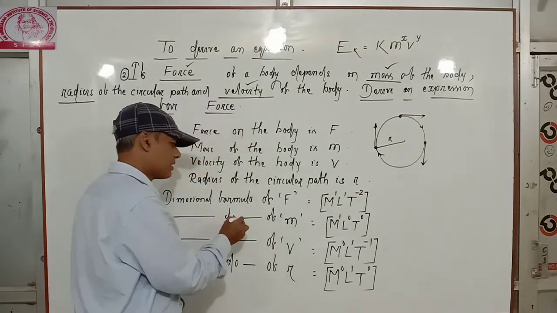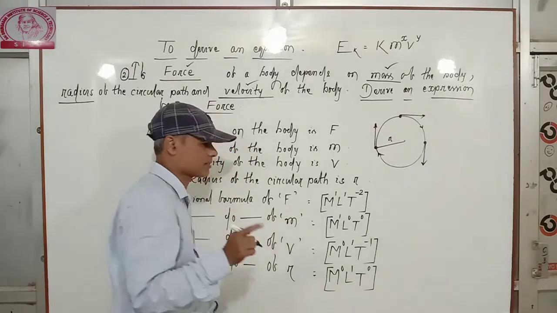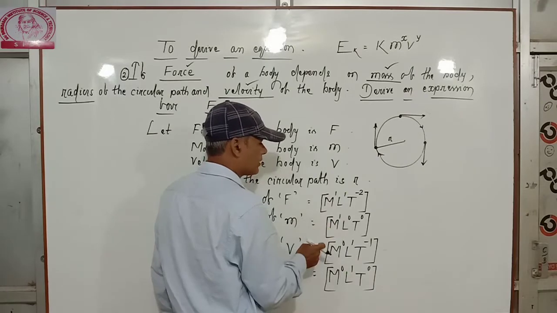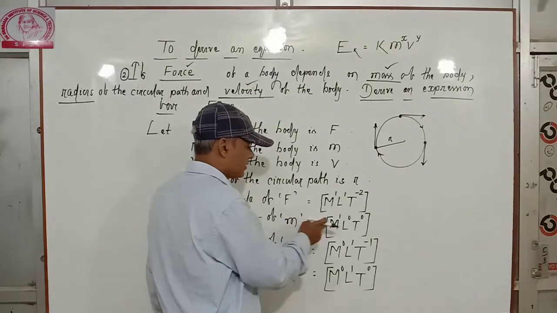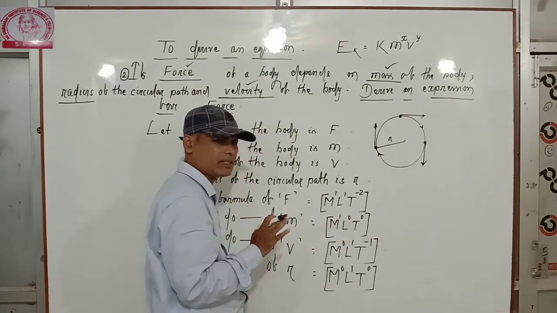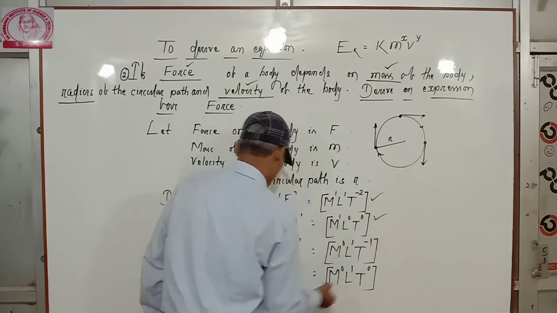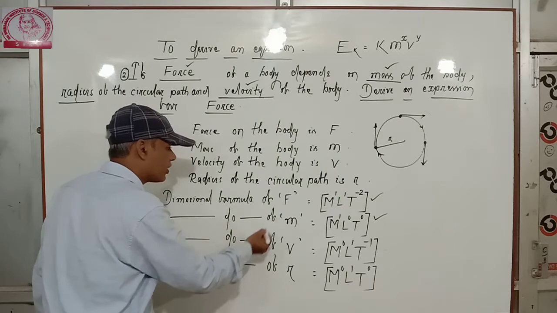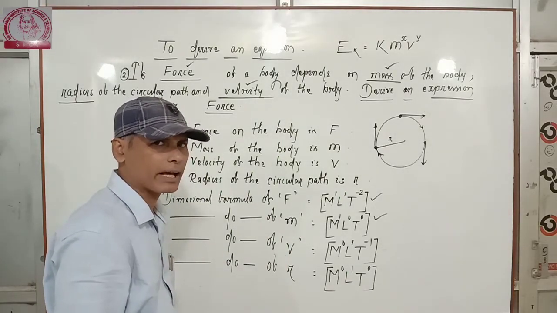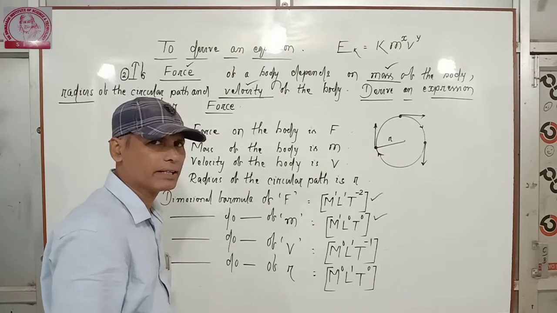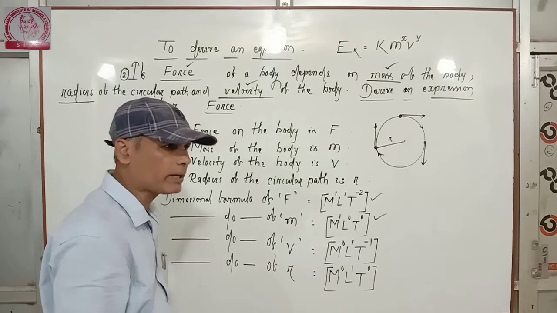Now, dimensional formula of mass. Here it is only mass, so it is written M1. No length is here, so it is L to the power 0. No time is here, so it is T to the power 0. It is correct. Now, dimensional formula of V. V is equal to S by T, that means L by T, that means L1 T to the power minus 1.